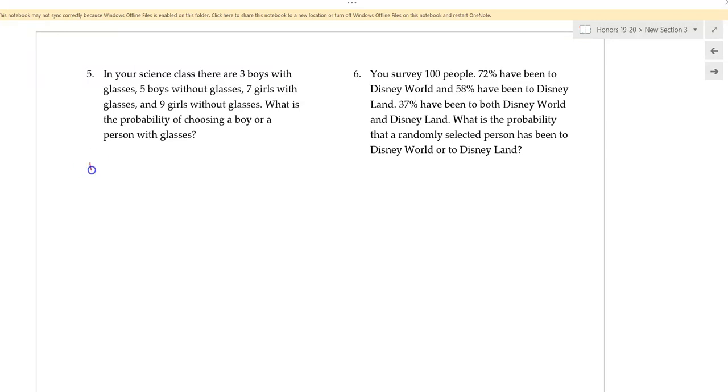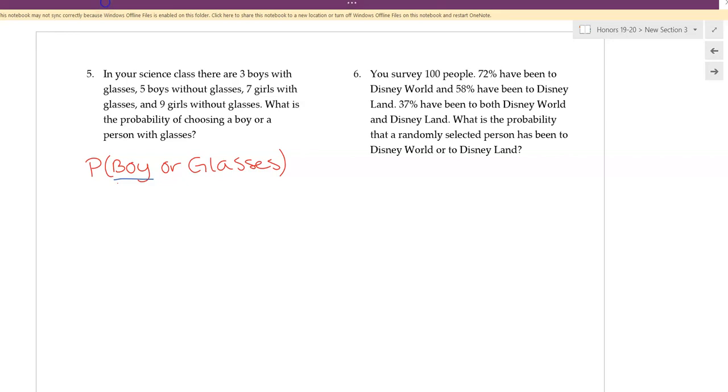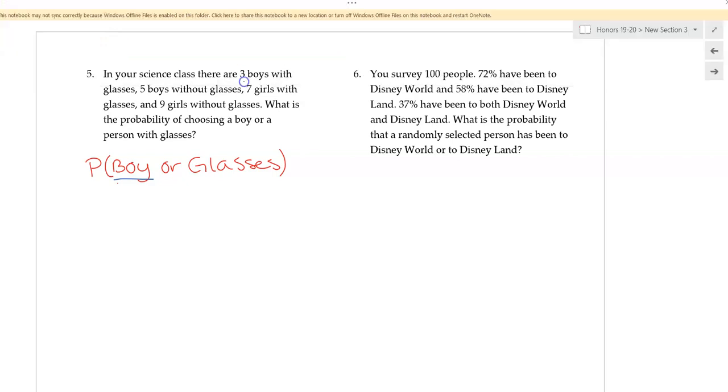So, probably a boy or glasses. Well, I need to first start with boy. If I look at my total, I have 3 plus 5 is 8, plus 7 is 15, plus 9 is 24. So I'll throw that up here.